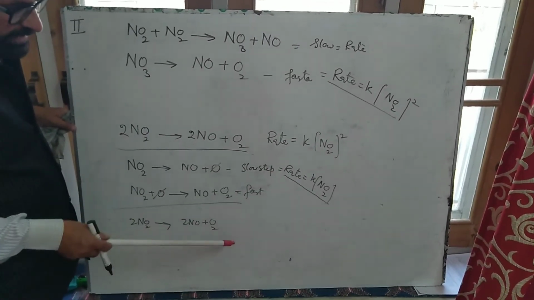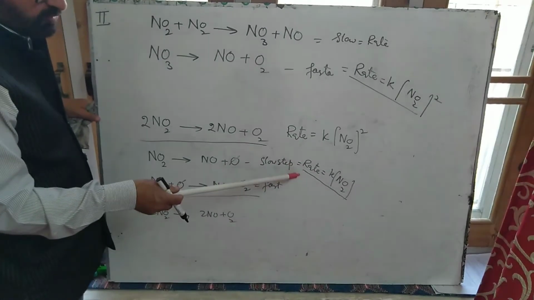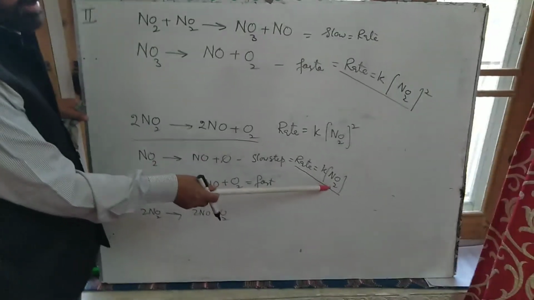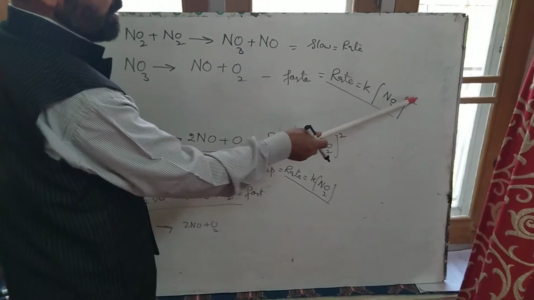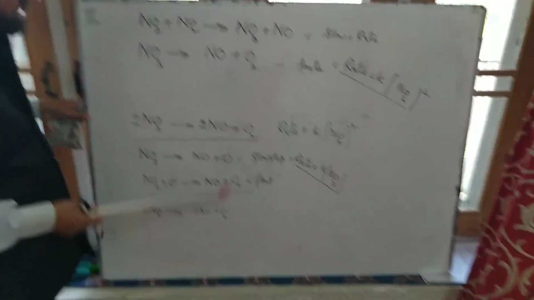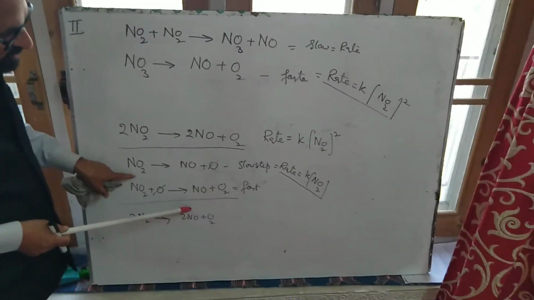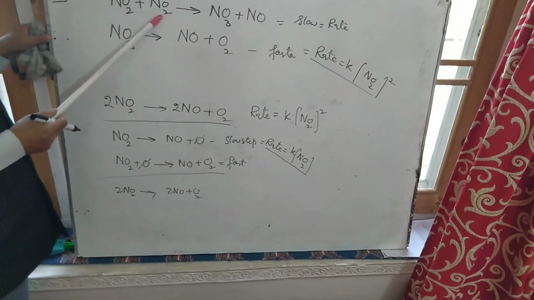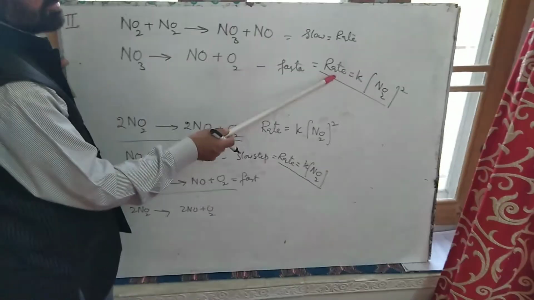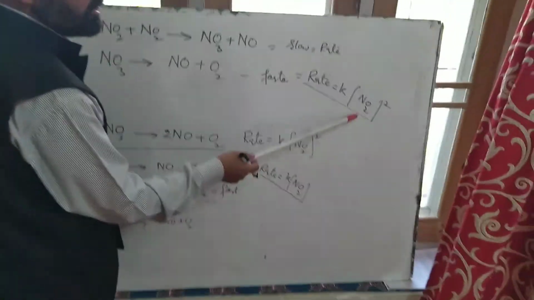Here I have shown two mechanisms. The first mechanism does not agree with the experimental evidence, and the second agrees. So the rate law expression for this is rate is equal to K NO2 raised to power 2.